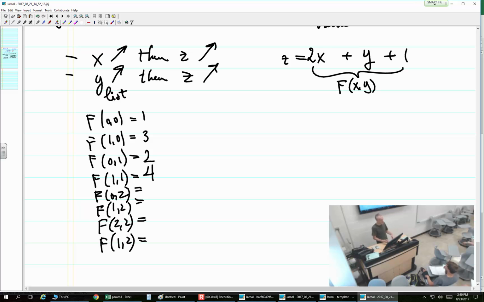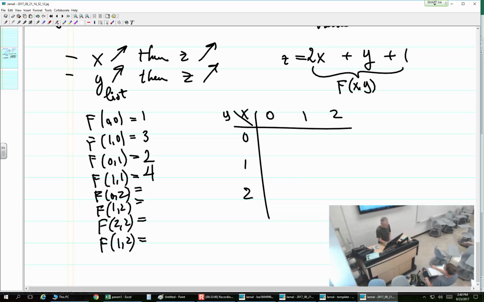Because the x,y pairs do not form a list. What do they form? They form a table, x and y. So I could put x horizontally, 0, 1, 2, and I put y vertically, 0, 1, 2. And then the rest will be z's.